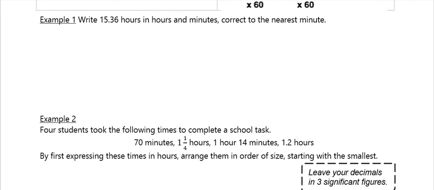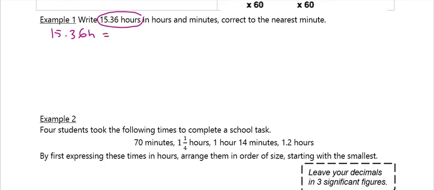Example number 1: write 15.36 hours in hours and minutes, correct to the nearest minute. Here you will have an answer for the minutes that has a decimal, so we will round later.